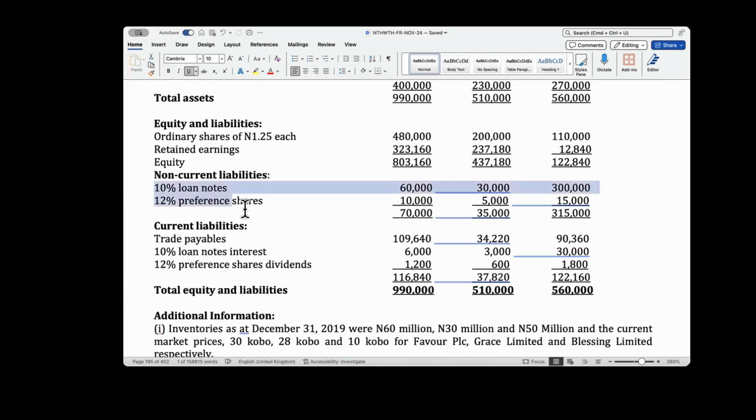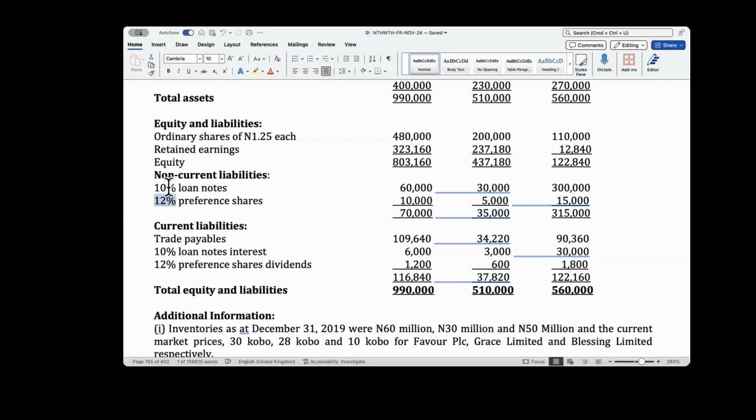Yes, sir, this one. I was saying that whenever you need to use debt, it is just those debts that have fixed interest that you should use when you want to compute debt to equity ratios, anything that has to do with debt.